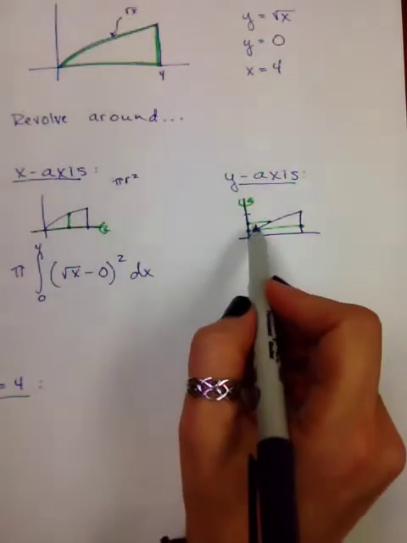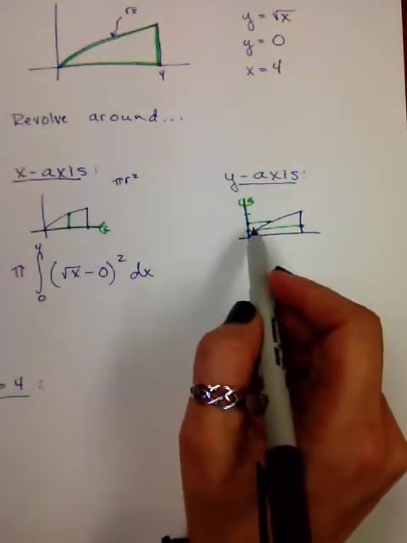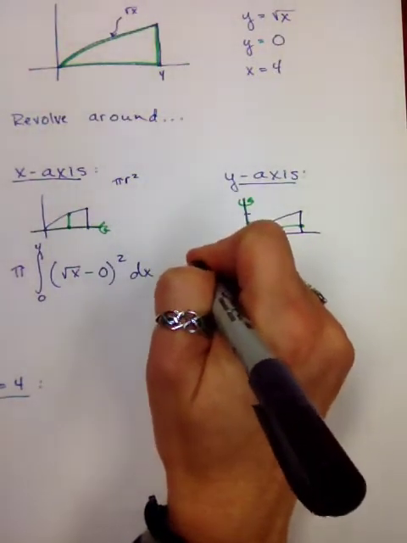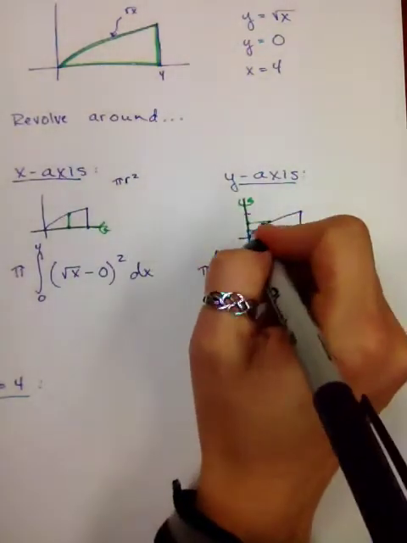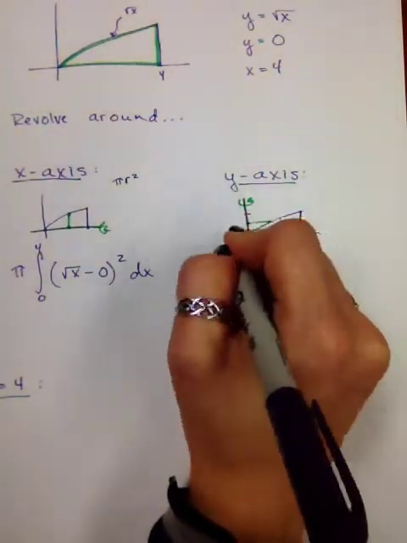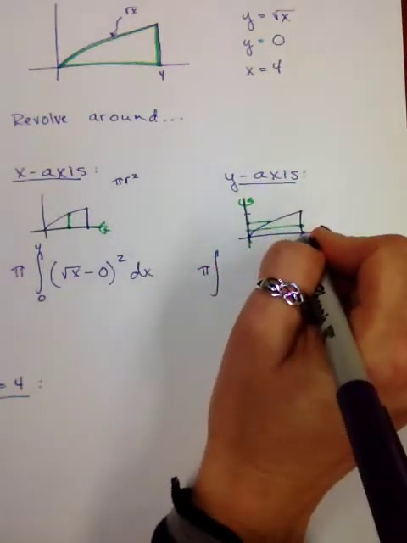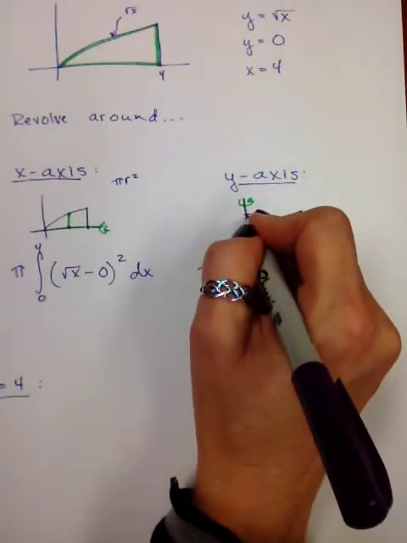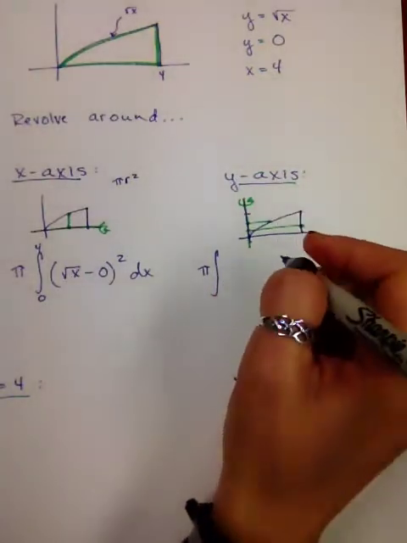Since my radii are perpendicular to the y-axis, this is going to be a dy problem. I also know that there are 2 radii, so it's going to be a washer method. I'm going to find the volume of the bigger figure first, and then subtract out what's going to look like a little funnel shape. It's like a cylinder if I integrated this radius from here to here, taking away the funnel. If you can imagine, that's revolved around.